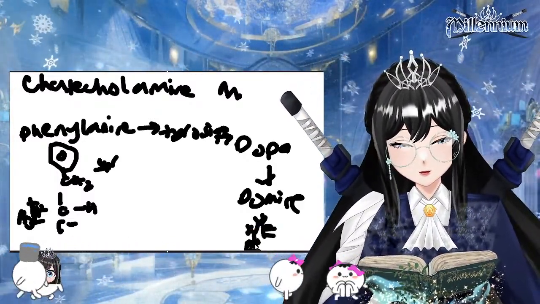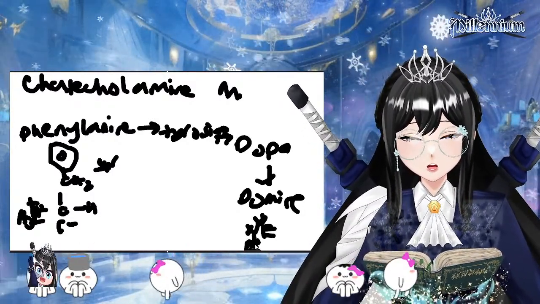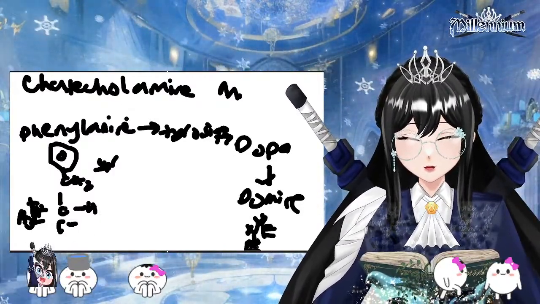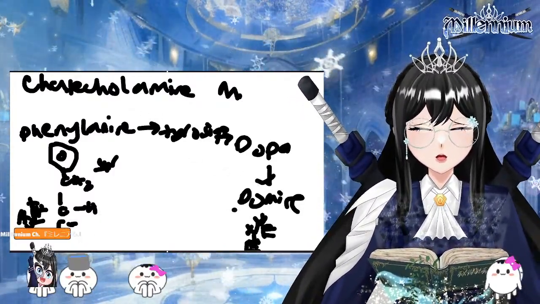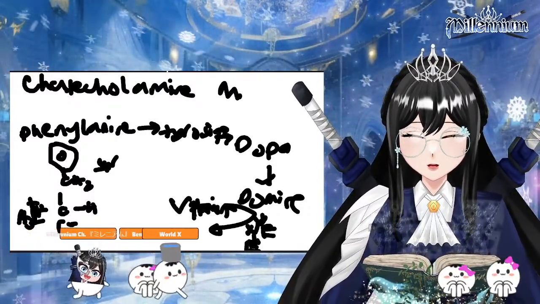And there are different cofactors for how they happen. Vitamin C, because from dopamine into norepi, you need vitamin C. And oxygen.